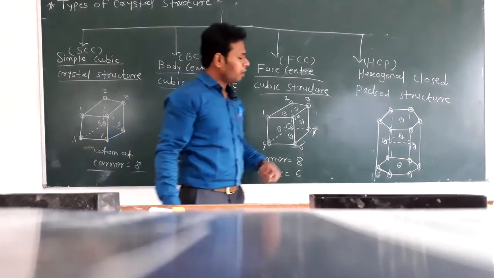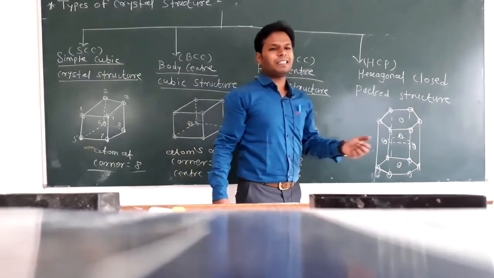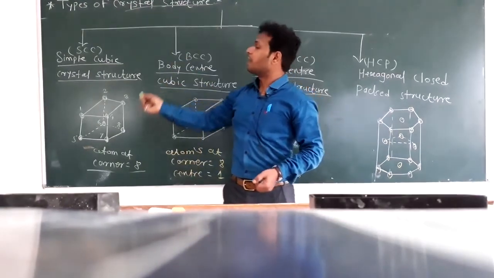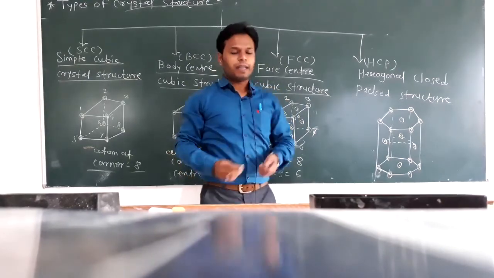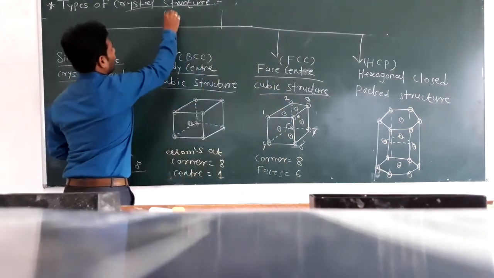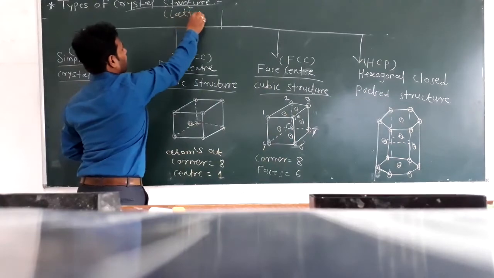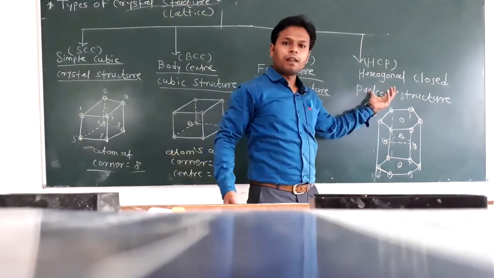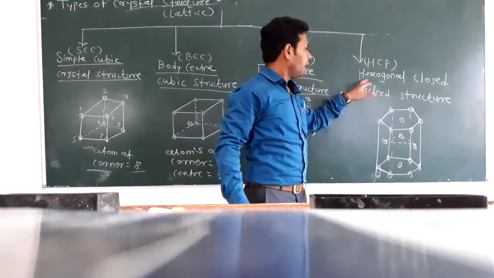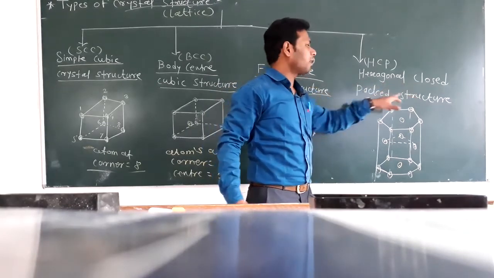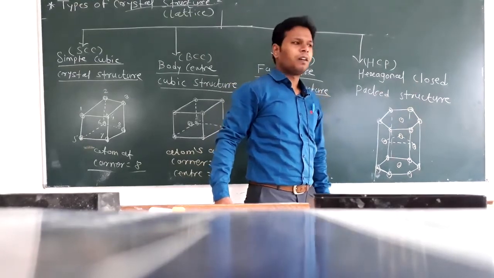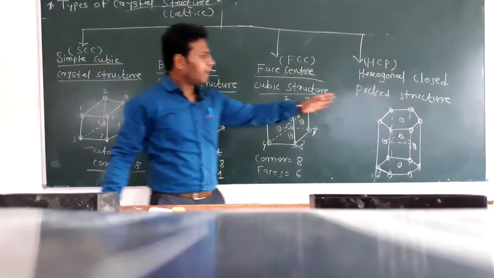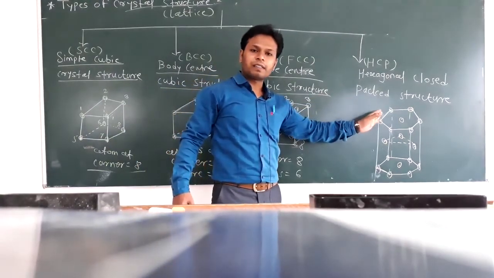Now we move to the last type of crystal structure or, in brackets, lattice. The last type of crystal lattice is the hexagonal close packed crystal structure. What is the difference between these 3 types and this hexagonal close packed structure?